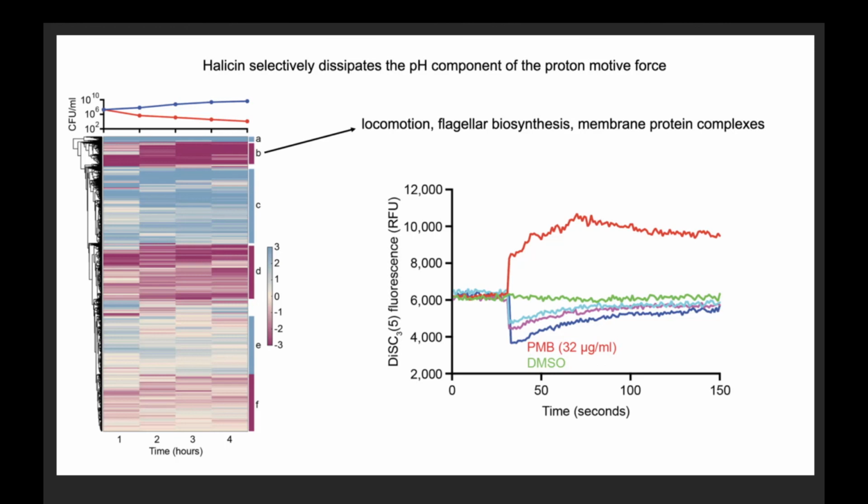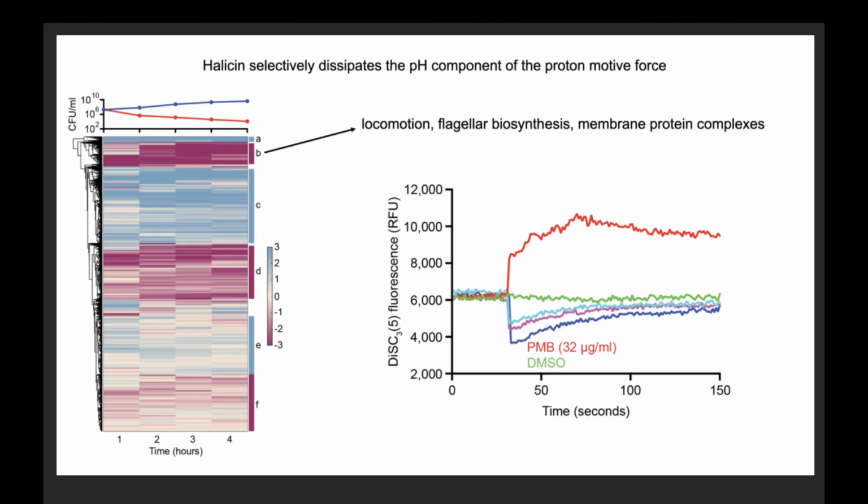Here we took wild-type E. coli, treated it with a range of concentrations of Halicin over various durations, and then did whole cell transcriptomics. And the most striking feature that we observed from the resultant data was that cells immediately downregulated genes involved in locomotion, flagellar biosynthesis, and membrane protein complex biosynthesis.